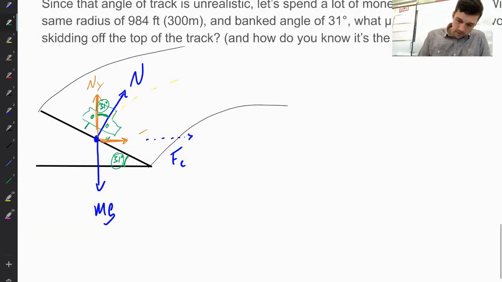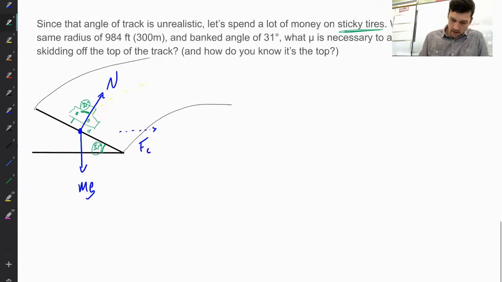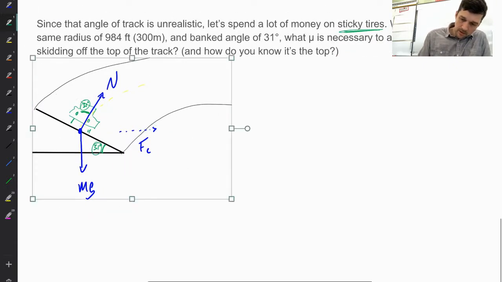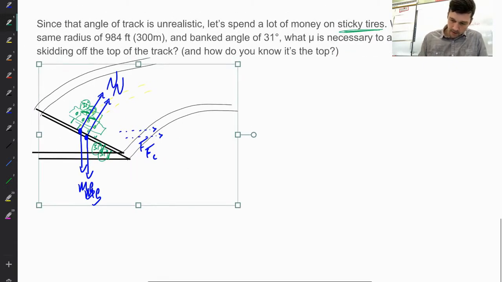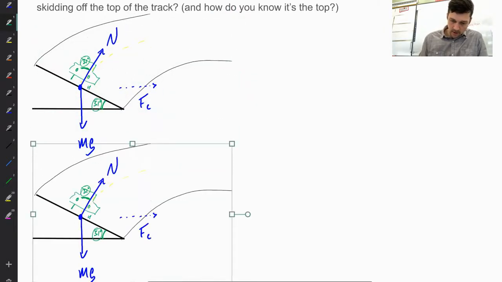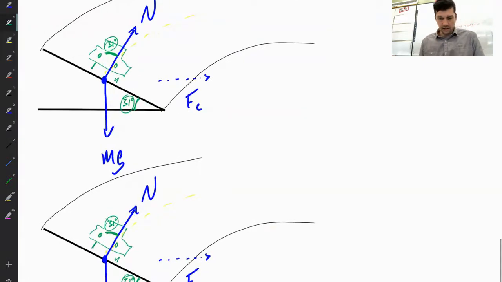I'm going to erase those normal forces because I'm going to copy this again, duplicate, draw on it, and then draw on it again. So here's the thing. When you bring friction into this scenario, it gets much harder. Just so much more cumbersome.